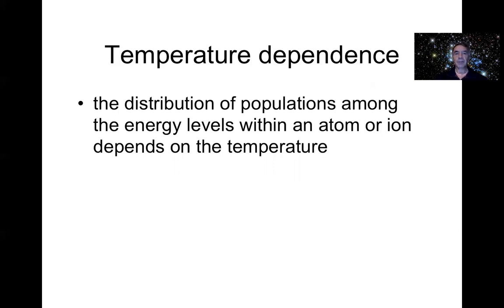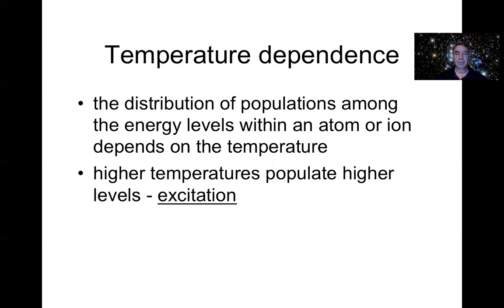So basically, if you start heating up an atom or an ion, you are more likely to excite the electron up to higher and higher energy levels within that. That process is referred to as excitation.